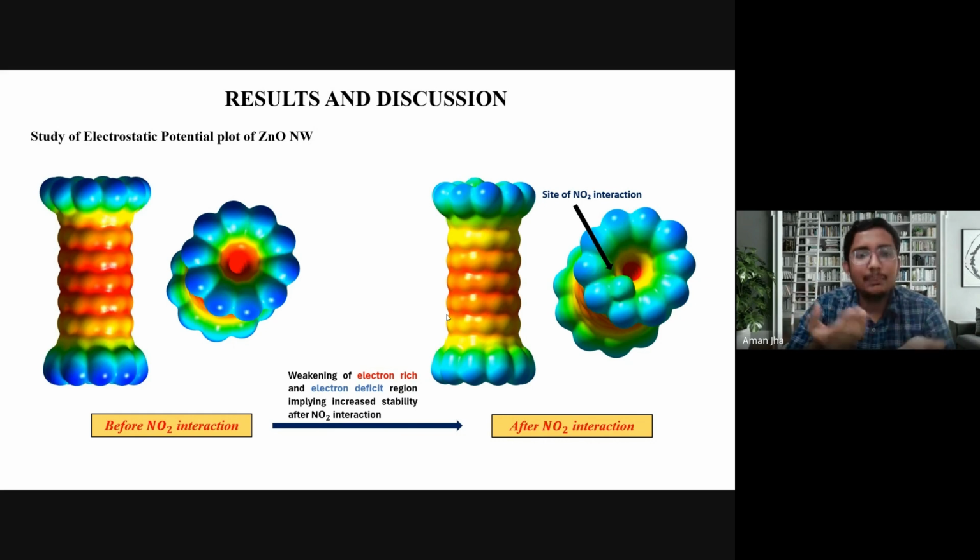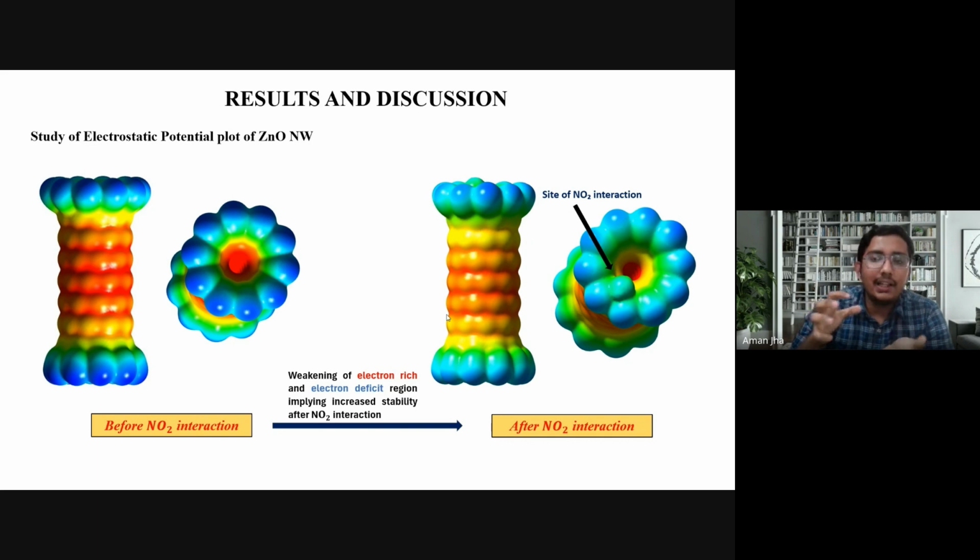So that is the place which has dangling bonds, which has defect states, and that is why it has electron deficit. Whereas in the central part of the zinc oxide nanowire, we see that there is complete stability and electron-rich regions are present.